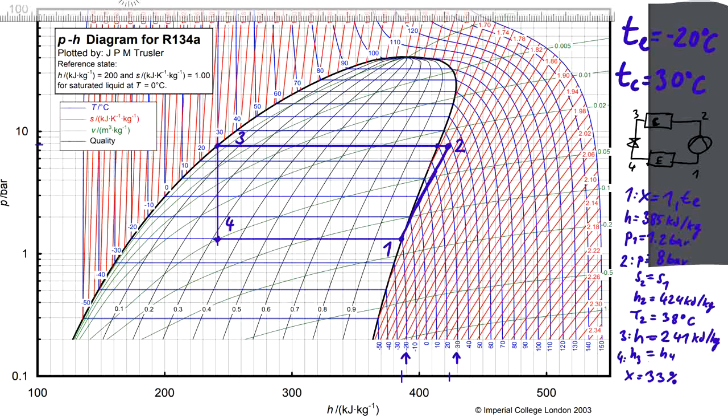Now before we continue, let's also see that we could make an alternative cycle, which would condense at a temperature of 40 degrees C, so it would be higher.